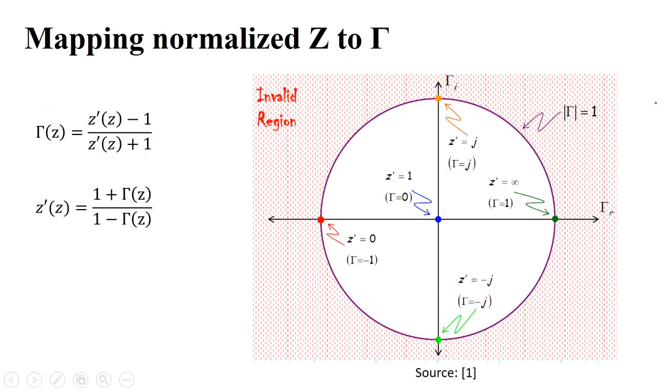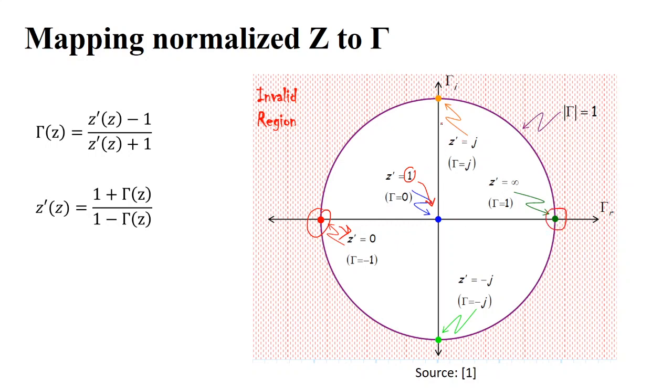Now plotting again here. So here the normalized load will be equal to 0. This will be again normalized load is 1. So if the normalized load is 1, this will map to the origin in this reflection coefficient plane, and for Z infinity you will have the same thing.